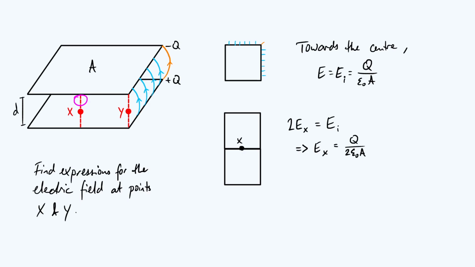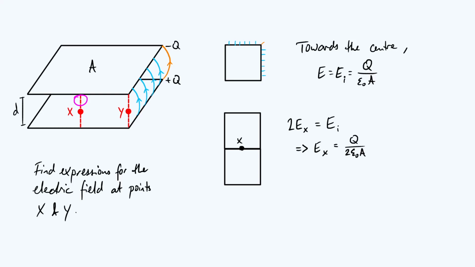So the vertical part of the electric field there would still be half of the electric field deep inside the capacitor, but it would also have a component along the plane of the capacitor itself, which means that the overall magnitude of the electric field would actually be stronger at the pink circle point compared with point X.